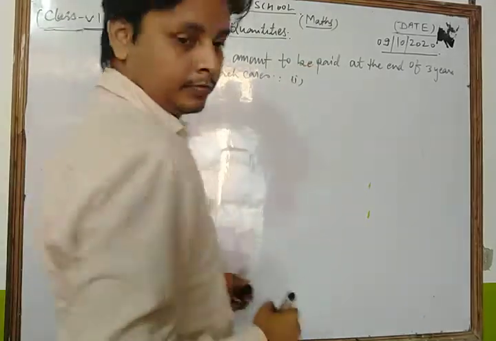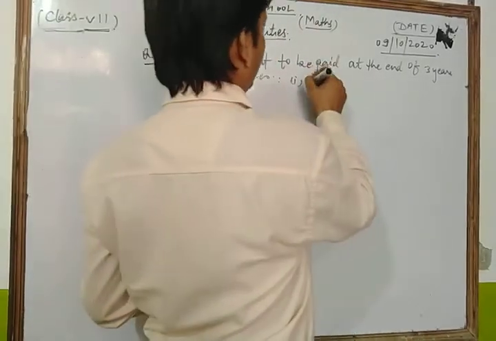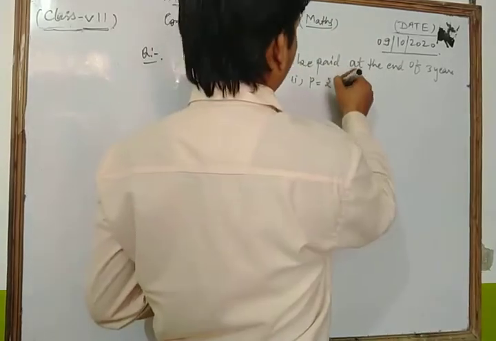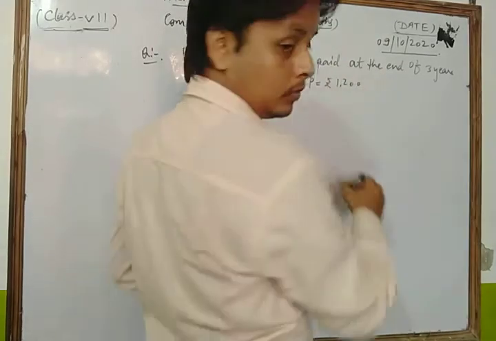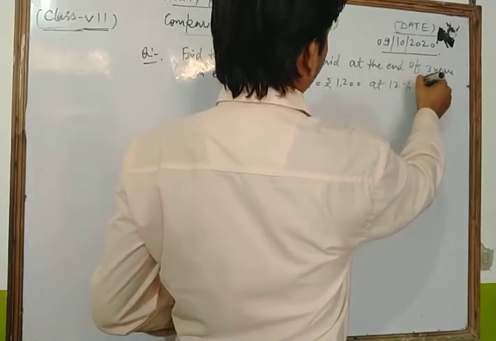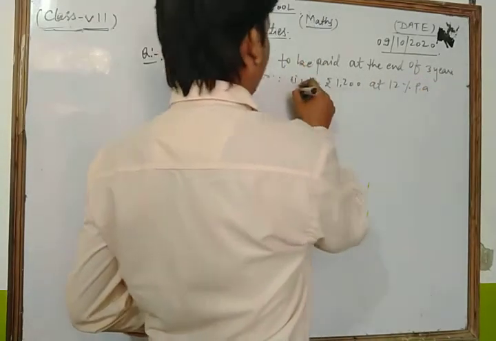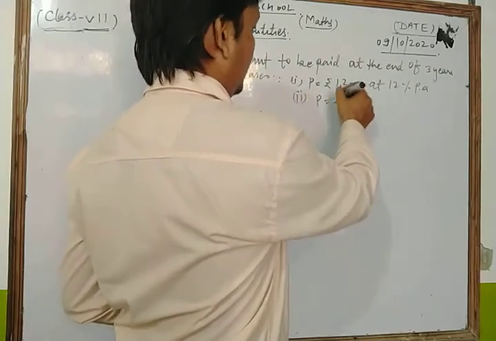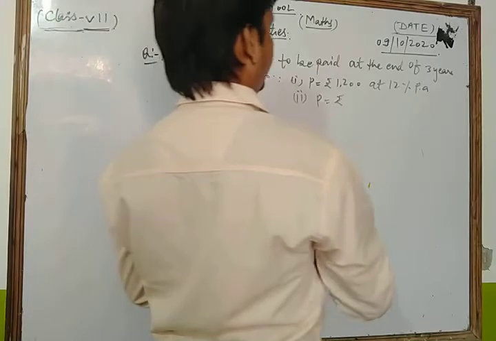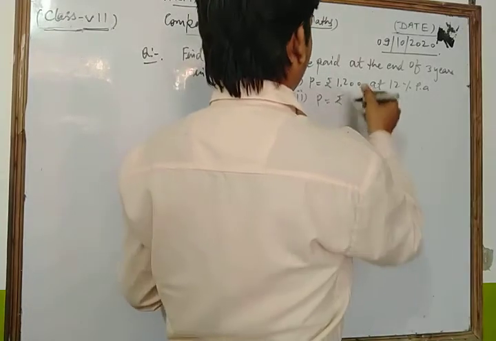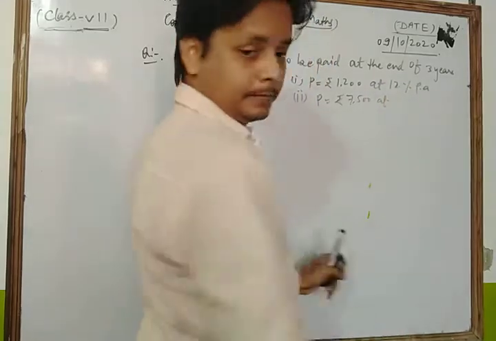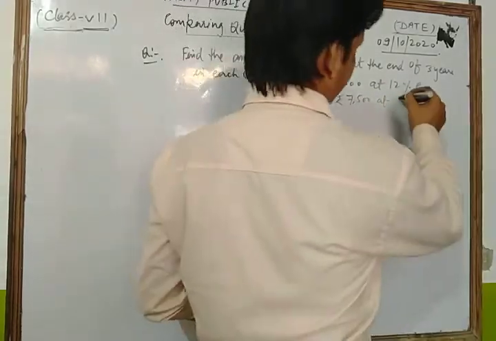In the first one, the principal is rupees 1200 at 12% per annum, and in the second one, the principal is rupees 7,500 at 5% per annum.